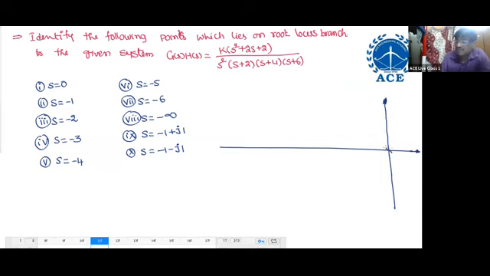So here two poles at origin, K equals 0. Next, one pole at -2, one pole at -4, one pole at -6.